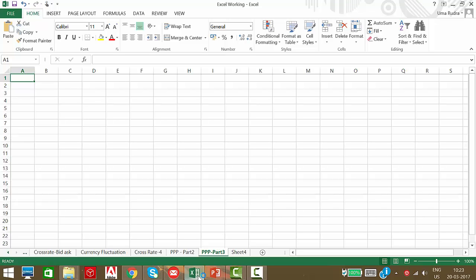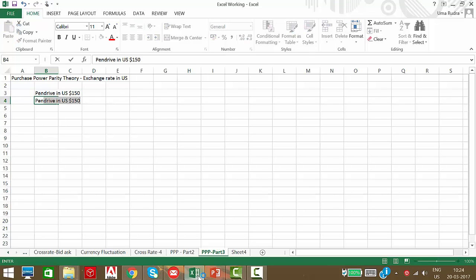Here, the pen drive in US costs dollar 150, and the pen drive in UK is GBP 100.